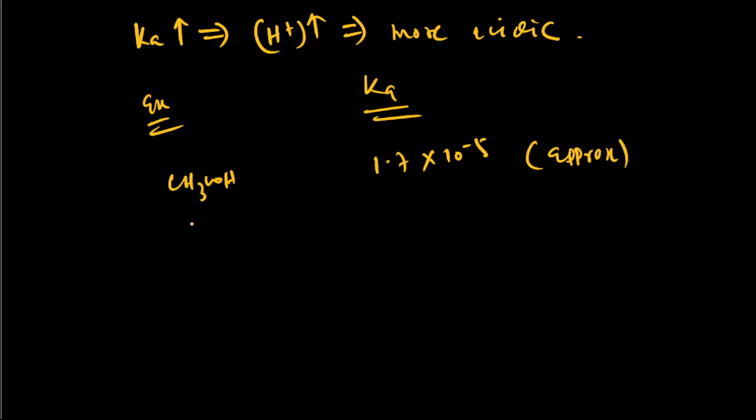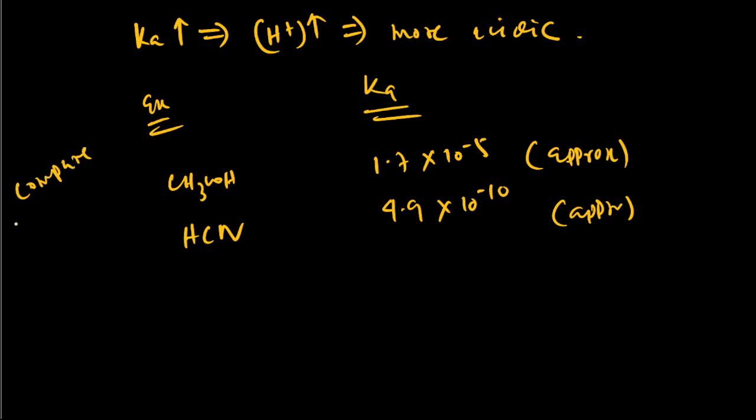And for HCN, the value is 4.9 into 10 raised to minus 10 approximately. Then we are asked to compare the strength of the acids.